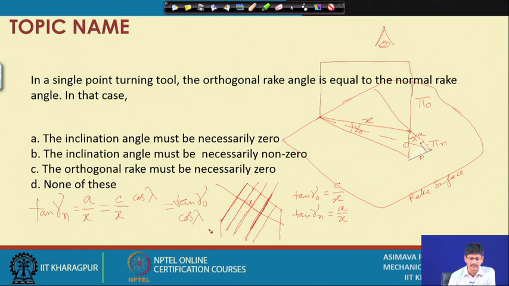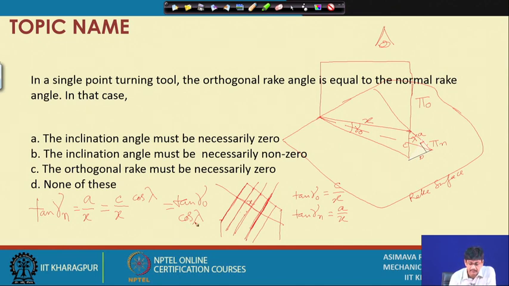Let us see the first one. The inclination angle must be necessarily 0. In a single point turning tool, the orthogonal rake angle is equal to the normal rake angle. The orthogonal rake angle, where is it? This one is equal to the normal rake angle. So, cos lambda seems to be 1.